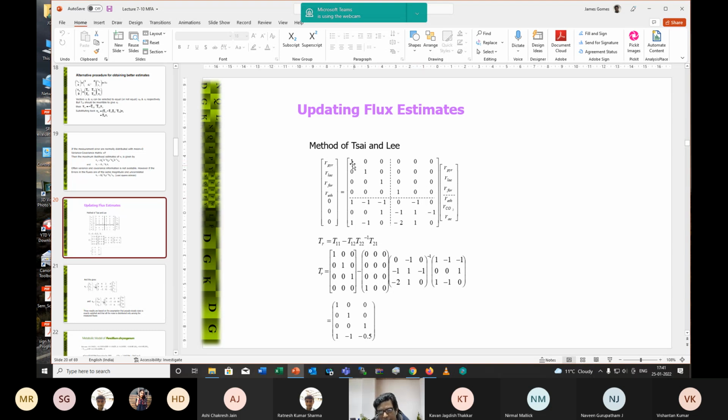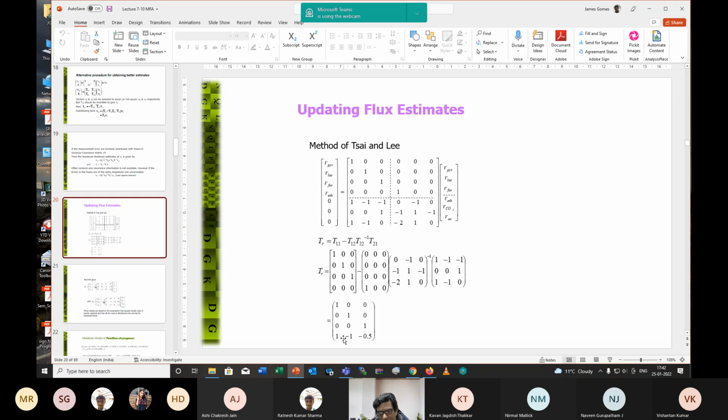When I'm dividing this, I'm dividing it such that this T22 is invertible. So when I break this up, I have T11, T12, T21, T22. T11 is a 4x3, this is also a 4x3, but these are 3x3s and 3x3s.